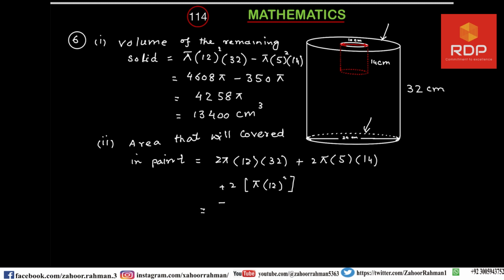So we have to calculate these things. From the first part we will get 768 pi plus 140 pi plus 288 pi, and when we add all these values we will get 1196 pi.